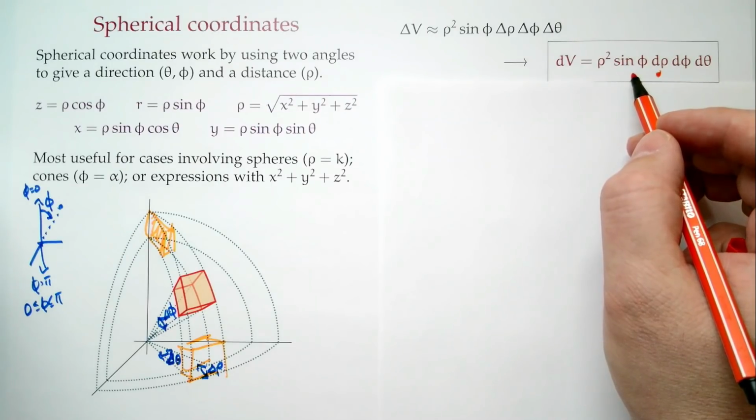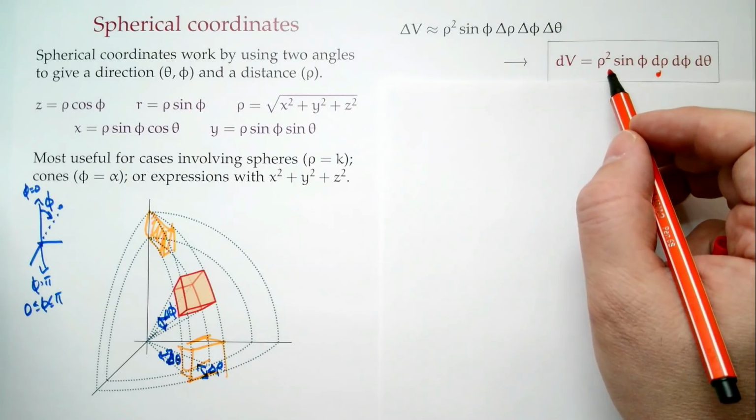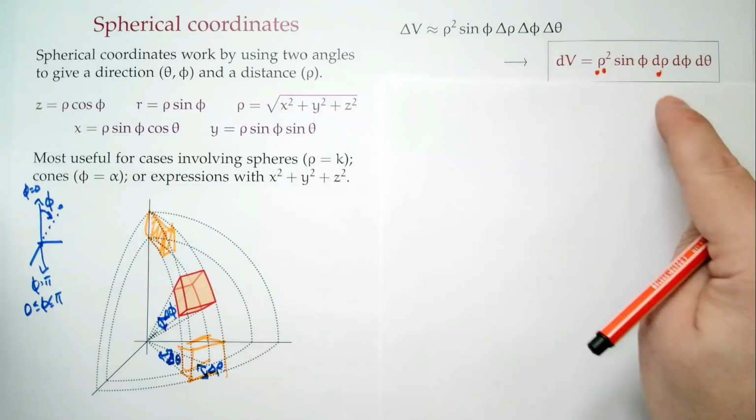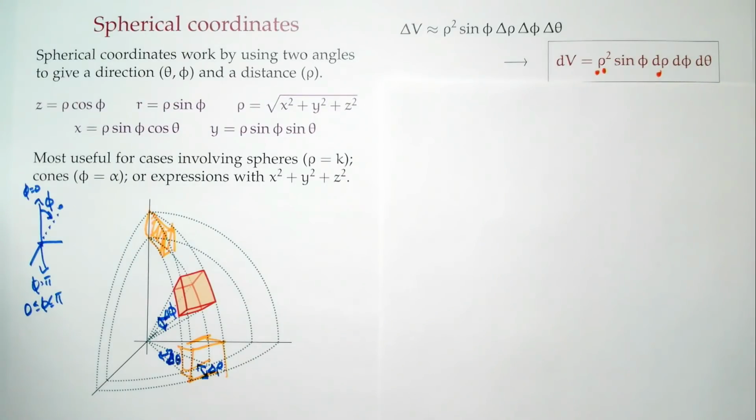It's not. But what about rho squared? Well, it's two distances because we square it. So if you count, there are 3 distances, which means it should be a volume. So that's good for us. This makes sense. So at the very least, we could believe it might be true. And it is true. This is the fact. This is what we need.